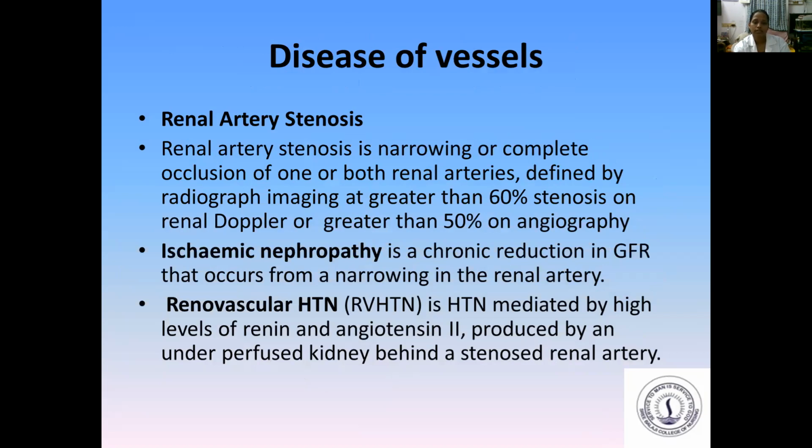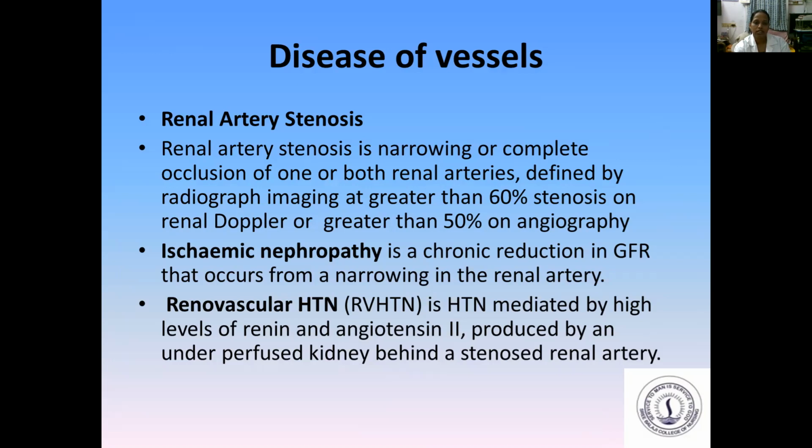Moving on to the diseases of the vessels. Under the diseases of the vessels, we have renal artery stenosis. The renal artery is the main artery supplying the kidney. Stenosis means narrowing or complete occlusion of one or both renal arteries, defined by imaging as greater than 60% stenosis on renal Doppler or greater than 50% on angiography.